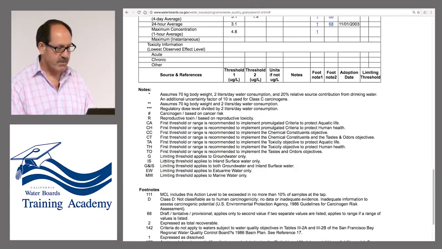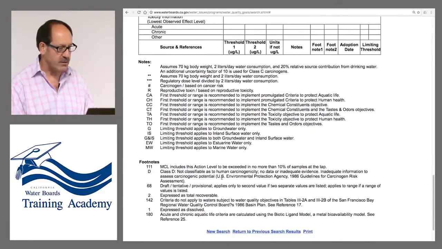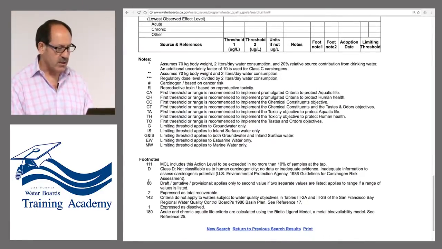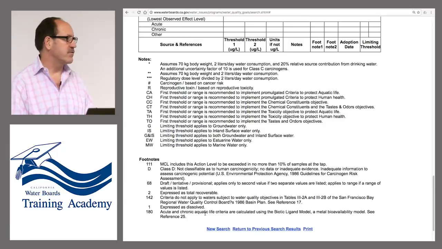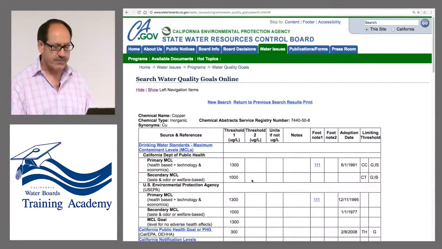Okay? All right. And then also all the abbreviations that are used in the right 2 columns for limiting thresholds. We'll look at those a little bit later. And then if you were to print this page out, all the footnotes that are cited are spelled out here at the very bottom. So you could print this out and have all the information from the database for copper or any other chemical you wanted to look up.